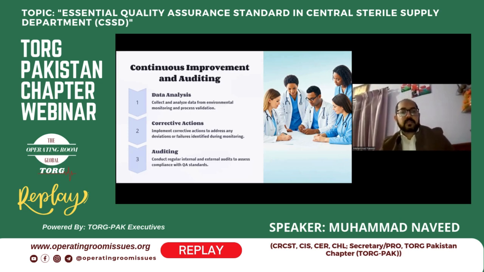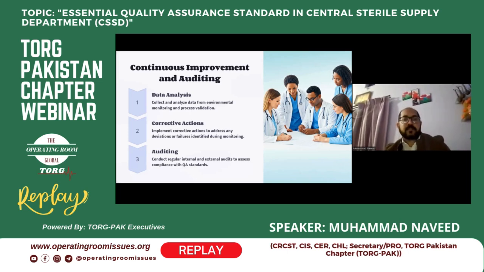So auditing is the most important thing. Internal or external auditing must be done in our system so we can improve it. That is why we are using quality assurance standards.